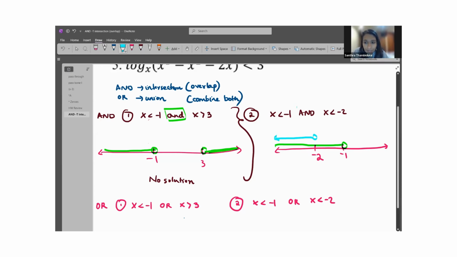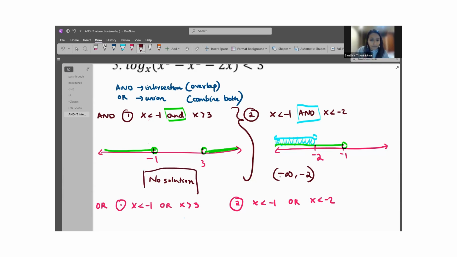Again, because they are connected by an and, you're looking for an overlap. The overlap is right here. So your answer for that one would be x is less than -2, or -infinity, comma, -2, close parentheses.